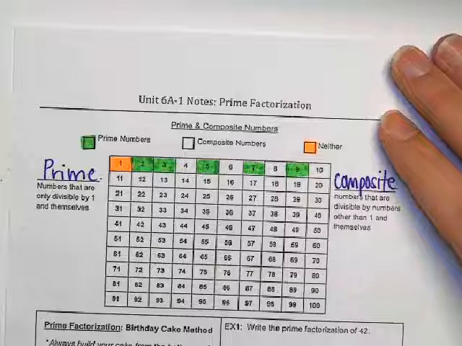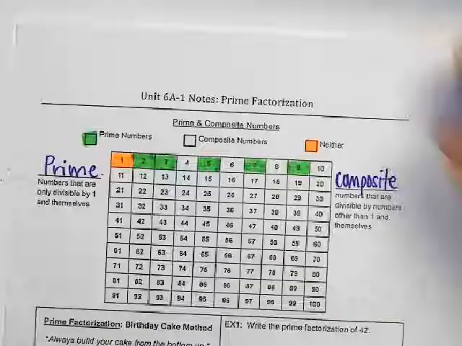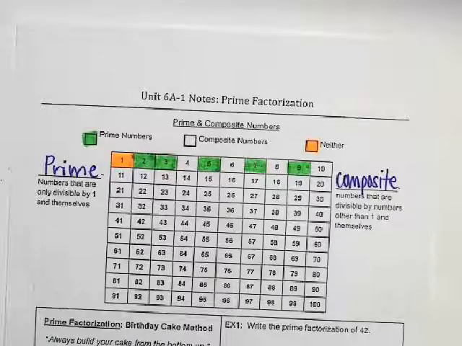I'm just going to put an X. It's composite. 9 is composite. I was going by 2.